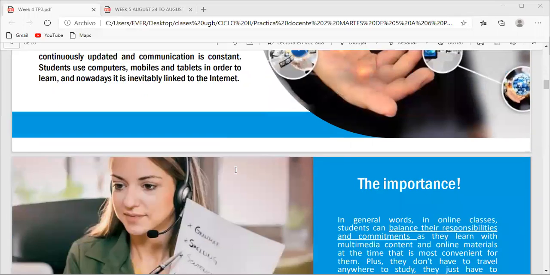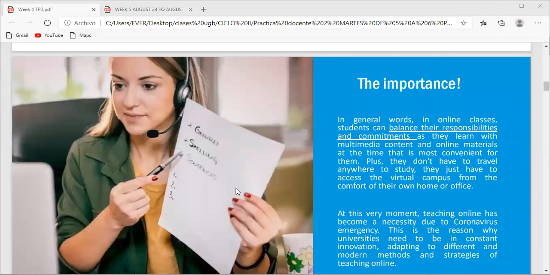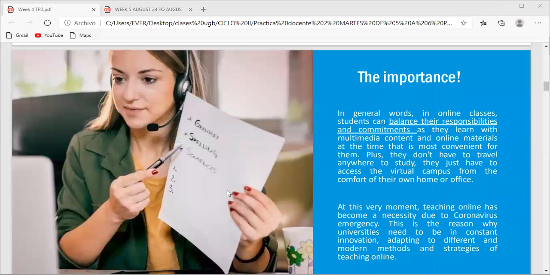I know that for some students it's hard to learn in this way because they're not used to it. But as I mentioned before, it is one of the characteristics that we have, adapting to new ways of living. So those are some advantages.